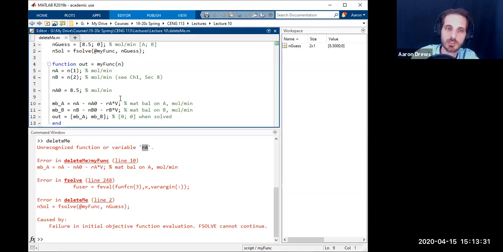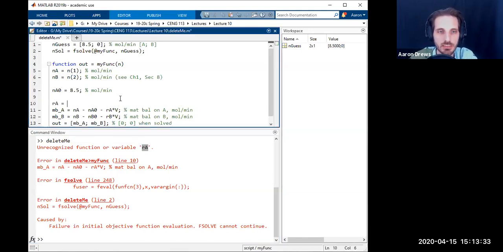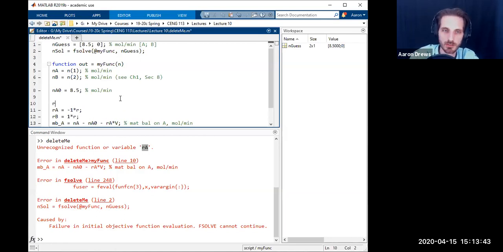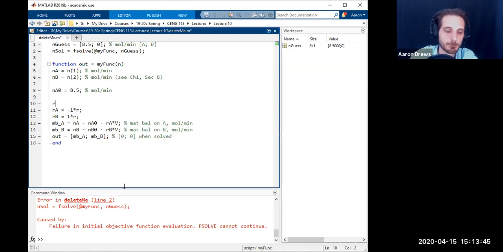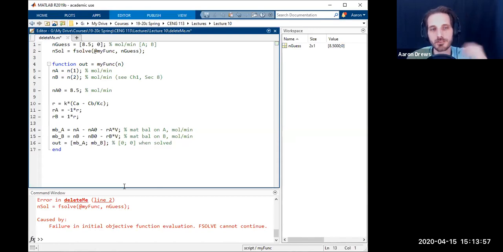So I'm going to go back into my code and say, okay, R sub A, I know is going to be equal to -1 times R. I happen to know that I'm going to need an R sub B. And then I know that R is going to be equal to K times a quantity of Ca minus Cb divided by Kc. The pattern that I want you to notice when I'm coding something like this is I'm not actually substituting all of those variables into the respective equations.